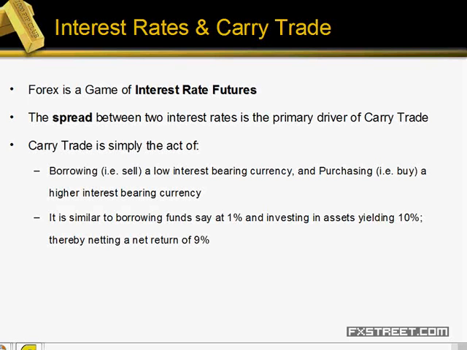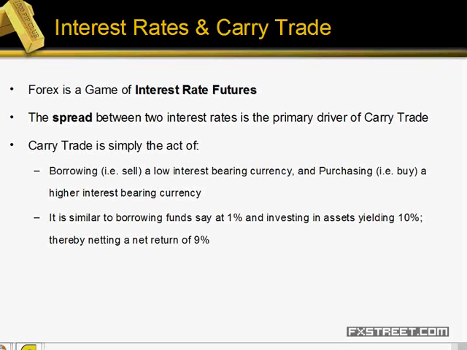It's specifically all about the interest rates. They are looking for the spread between the interest rates, and I'm going to give you that in detail. So that's a real driver. The bigger that spread, the more institutional traders are going to barrel onto the carry trade, and you'll see it start to take off.